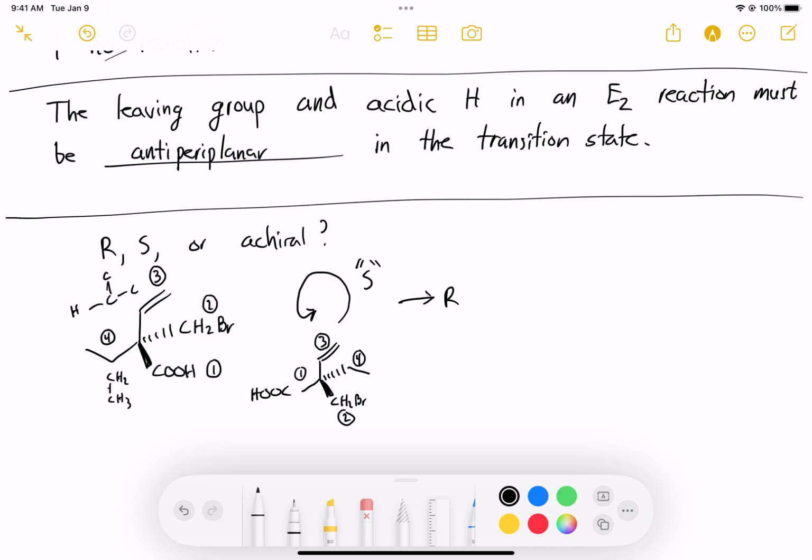But is it possible that we don't have these priorities right? Because right now it looks like S. Huh, what a weird example. I'm pretty sure I'm rotating everything right though.